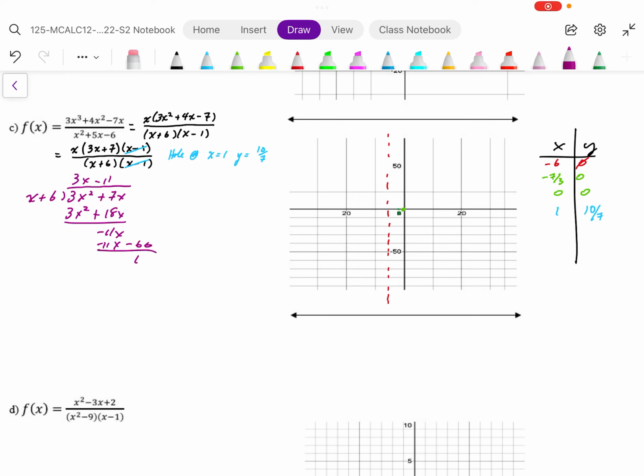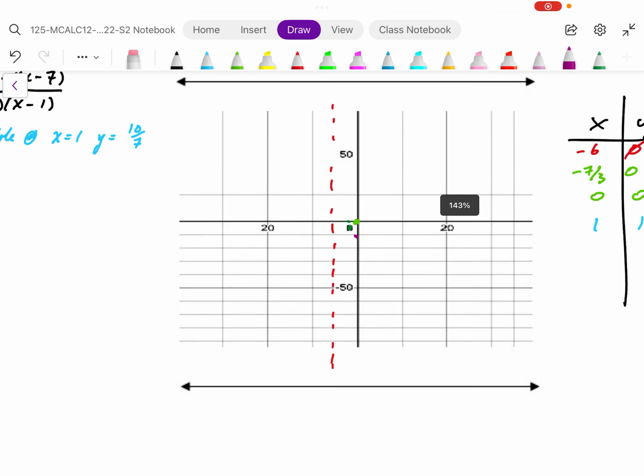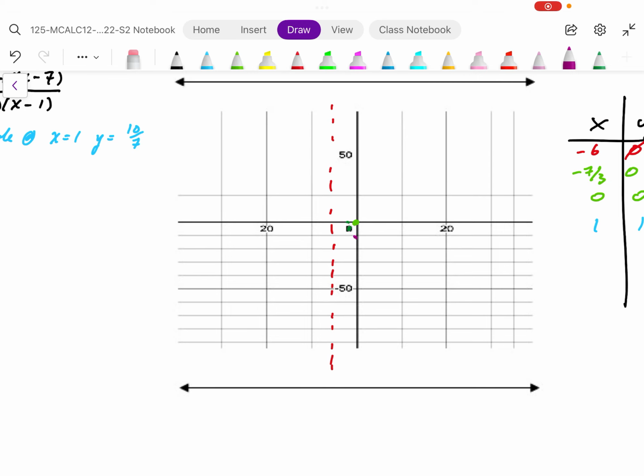So I have a remainder of 66. So my slant asymptote is going to have a y-intercept at about -11, so maybe somewhere around here. And it's going to have a slope of 3. It's a little bit hard to do here, but it looks like maybe a slope in this order.